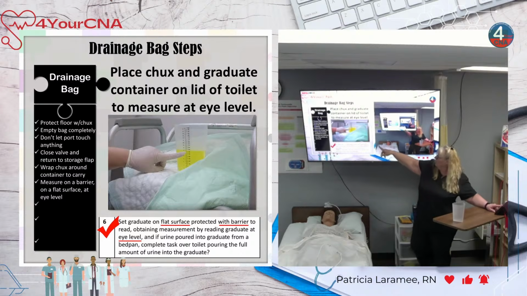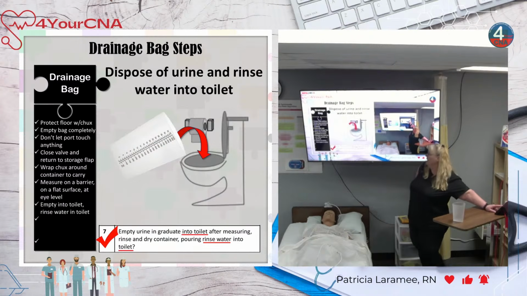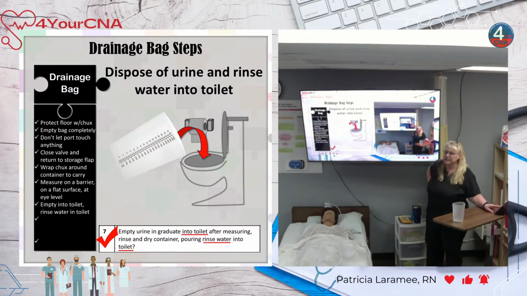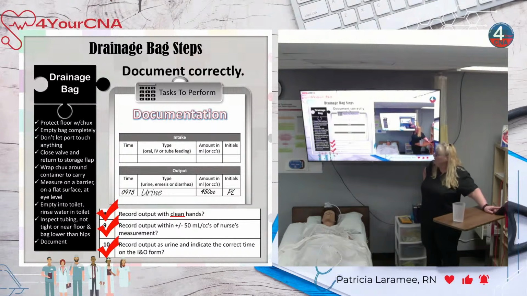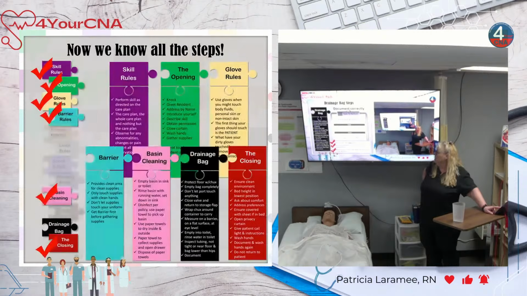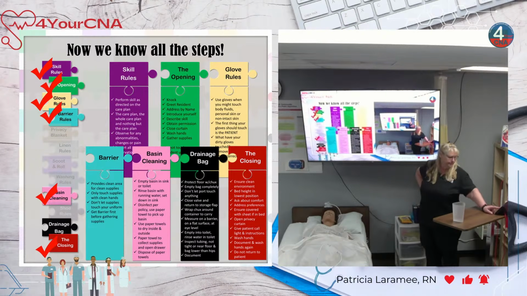I'm going to empty that container into the toilet. I'm going to rinse it, dry it, and store it like I rinse, dry, and store everything else. I'm going to check to make sure the tubing is not coiled near the floor and the bag is not near the floor. And I'm going to do my closing and document in the output section.